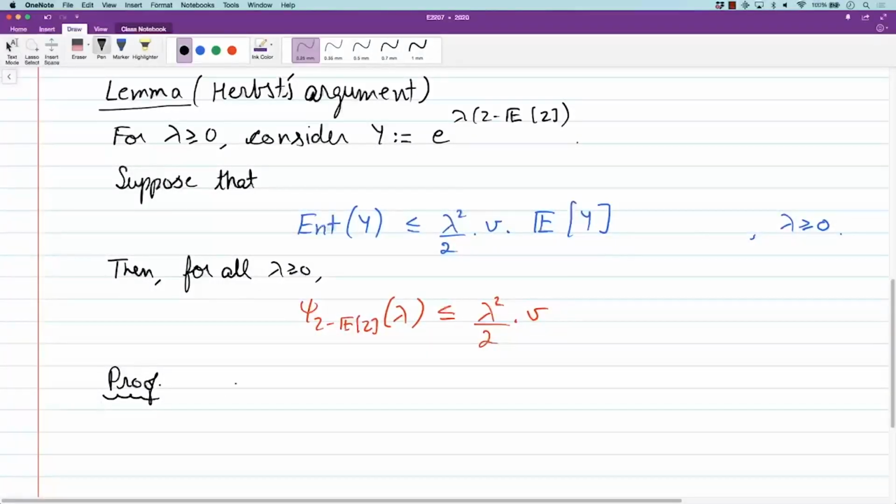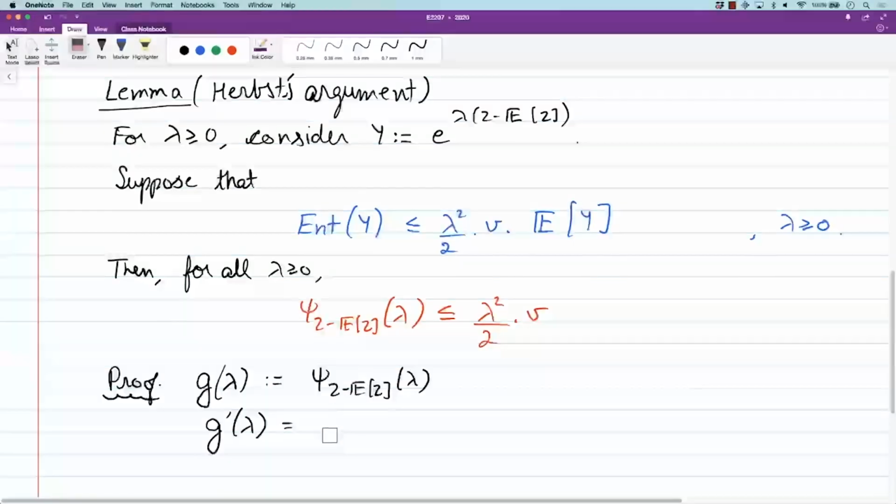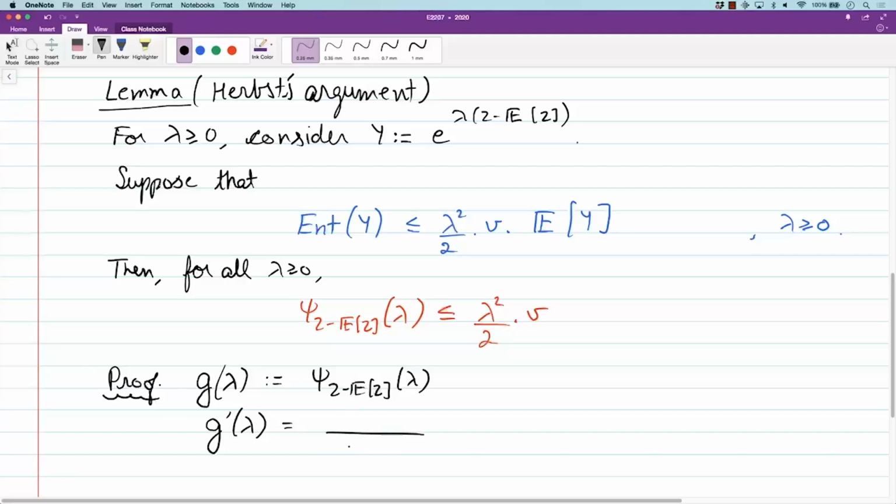So we make the following observation. Let's look at this function g lambda. If you look at g prime lambda, what do we know about it? This is something we have seen before. This is the derivative of the log moment generating function.